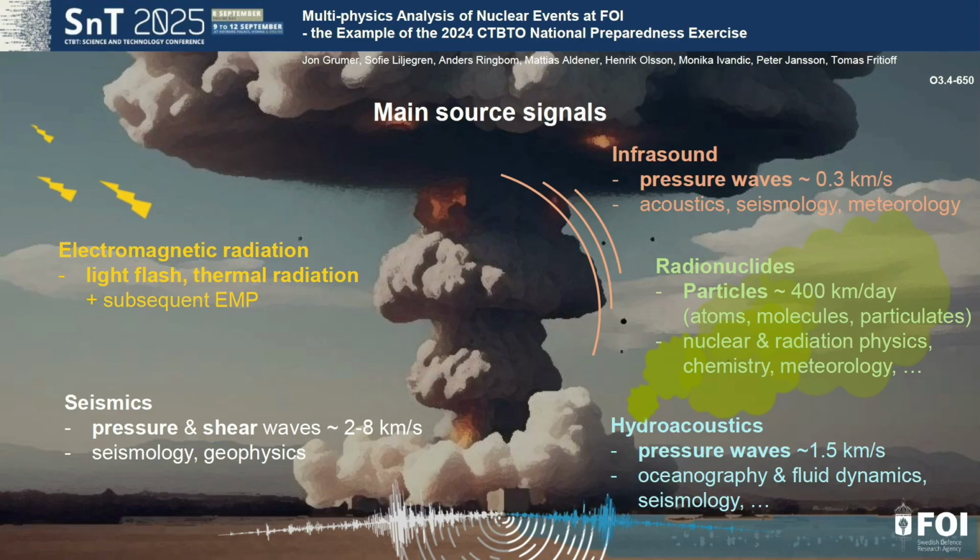And then, which is not necessarily treaty relevant, but I still want to include electromagnetic radiation: the initial light flash, thermal radiation, and then the subsequent electromagnetic pulse that is generated in the atmosphere from rapid ionization of the atoms. I still want to include that here.